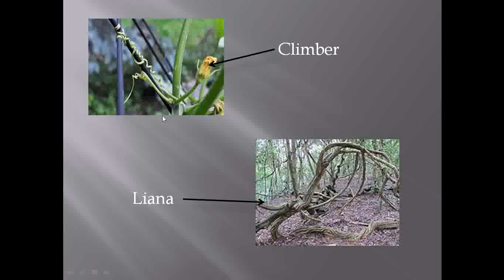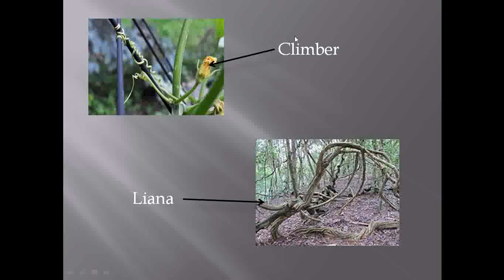Climbers are the plant species which show the presence of a delicate, herbaceous stem and which show the presence of tendrils. So that is called a climber. For example, family Cucurbitaceae.